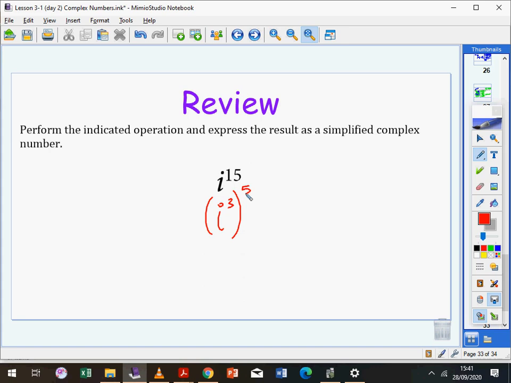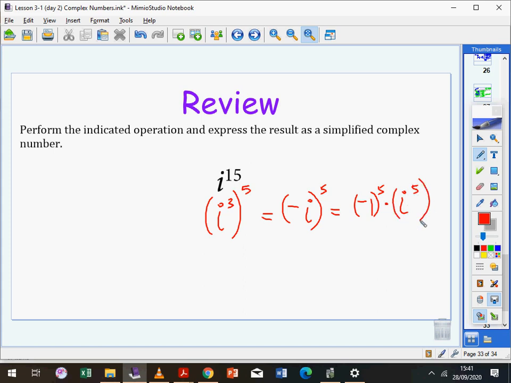I know i to the power 3 is negative i, and I need to raise it to the 5th power. If I raise negative i to the 5th power, what do I get? This is the same thing as negative 1 to the power 5 times i to the power 5.